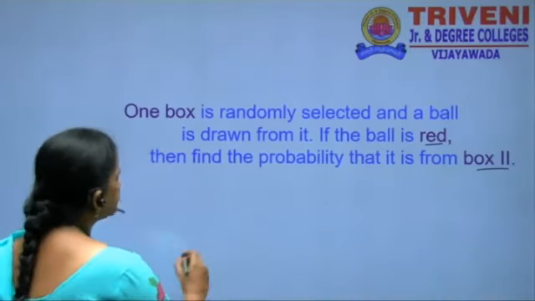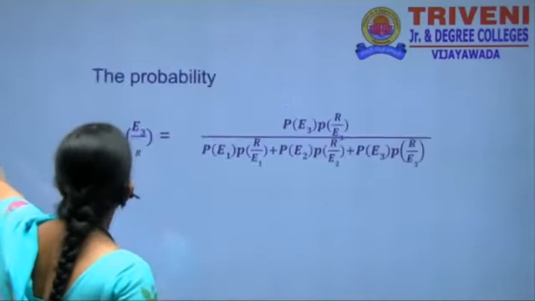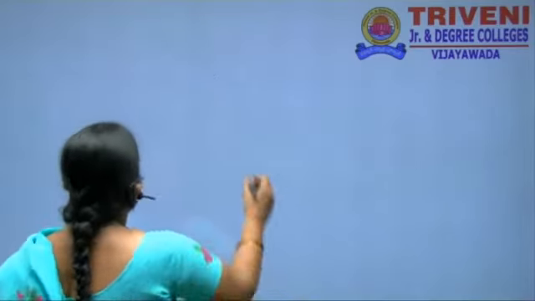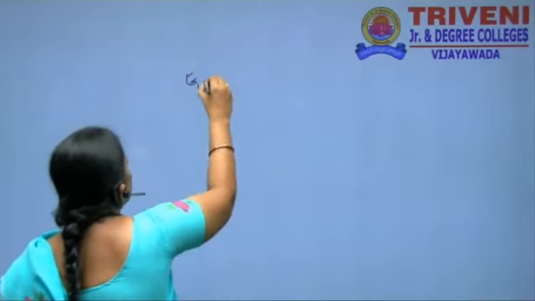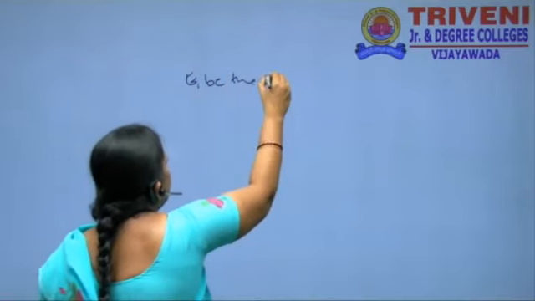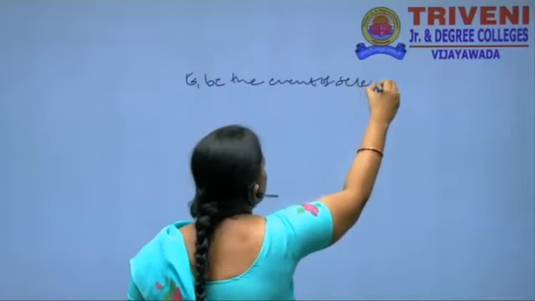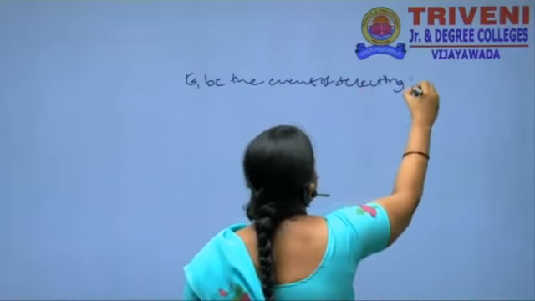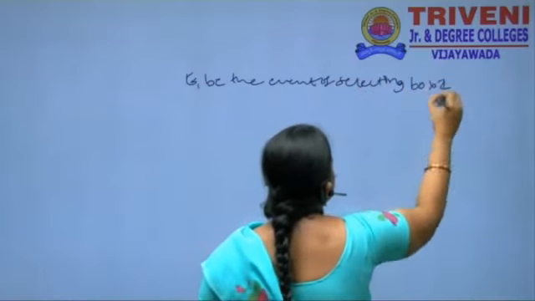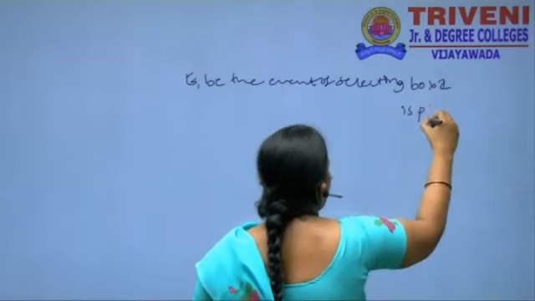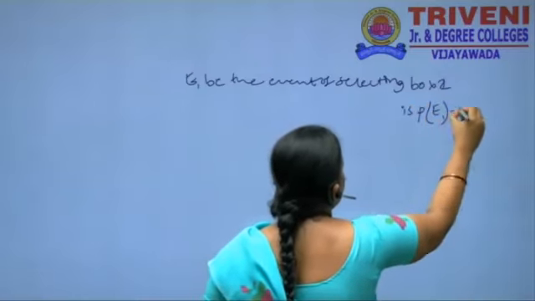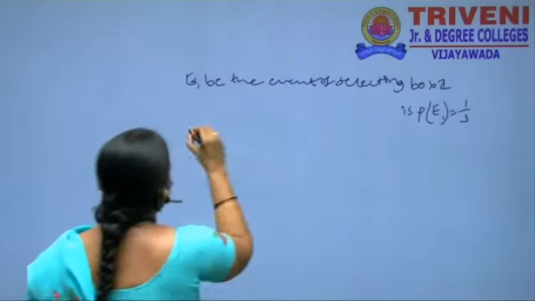Here E1 be the event of selecting box 1, P of E1 is equal to 1 by 3.